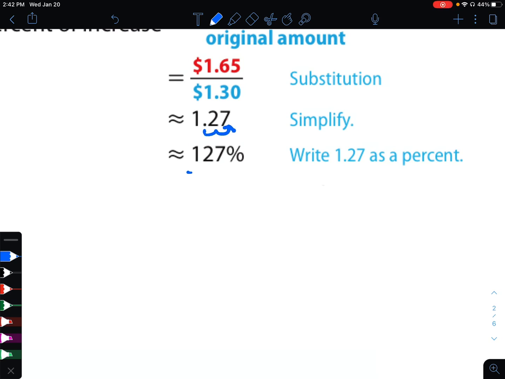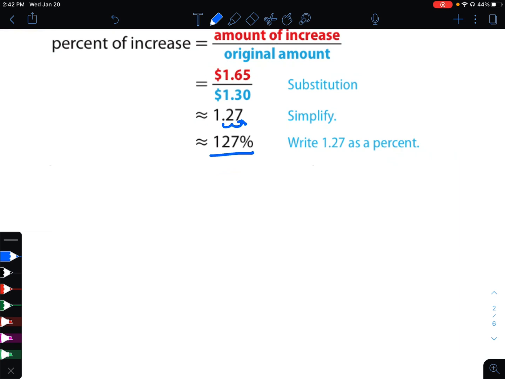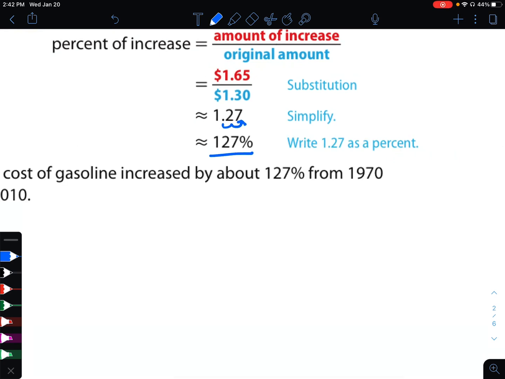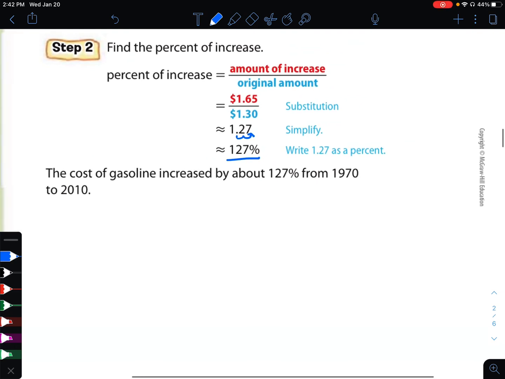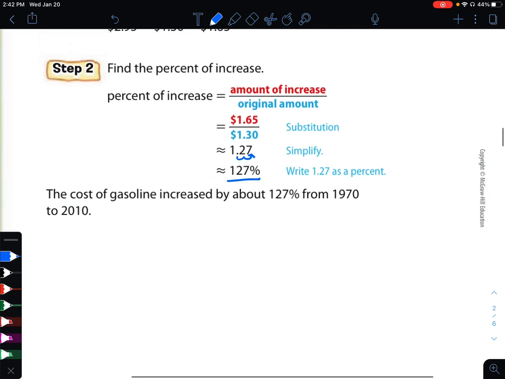We end up with 127%. So about 127% is our percent of increase. So basically what it's saying is that the cost of gasoline increased by about 127% from 1970 to 2010.